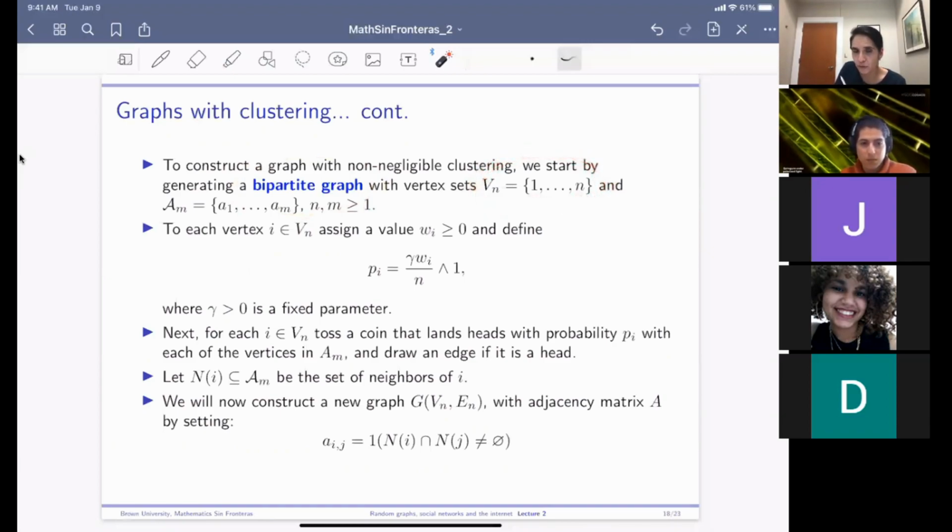But before I do that, I'm going to create another set, Am, that has m vertices in it. To keep it simple, think about Vn as actors in Hollywood. Think about Am as movies in Hollywood. So we have n actors and m movies.